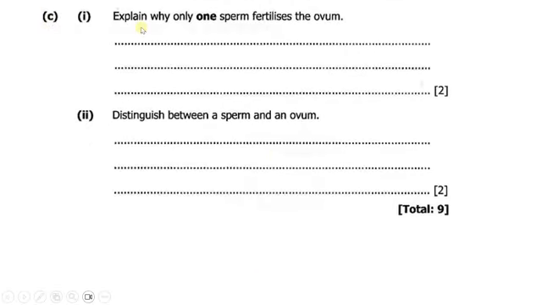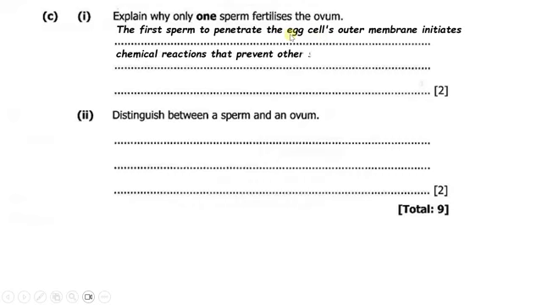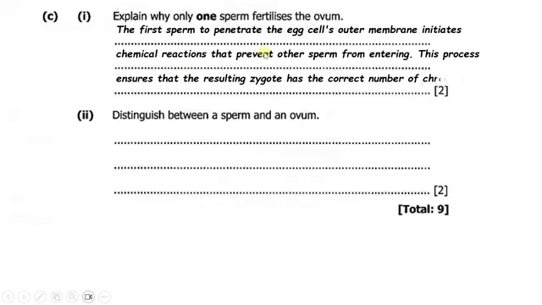C part 1 says explain why only one sperm fertilizes the ovum. So the answer could be that the first sperm to penetrate the egg cell's outer membrane initiates chemical reactions that prevent other sperm from entering. So this process ensures that the resulting zygote has the correct number of chromosomes, half from the sperm and half from the egg.